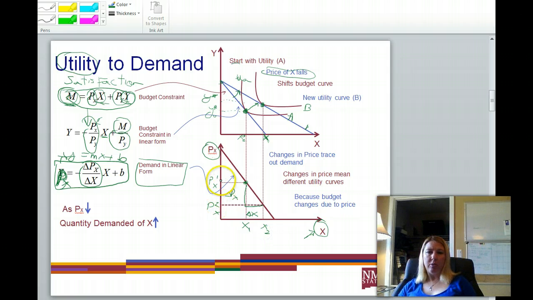If we look at two prices here, we want to see the change in the price versus the change in the quantity, and that's the slope of the line. This is our vertical intercept here, and that tells us the choke price basically. So at what price does demand fall to zero, so that we do not consume anything at all? And you can see that as we trace out changes in the budget line in the utility sphere, we get a derivation of demand.